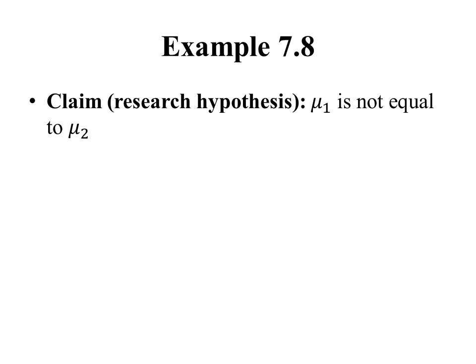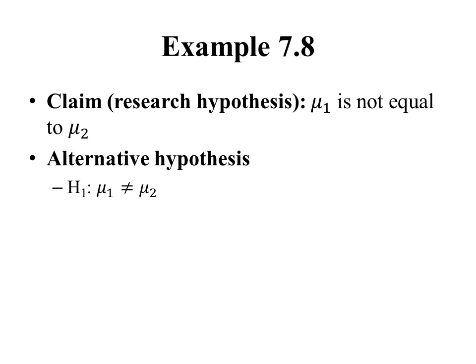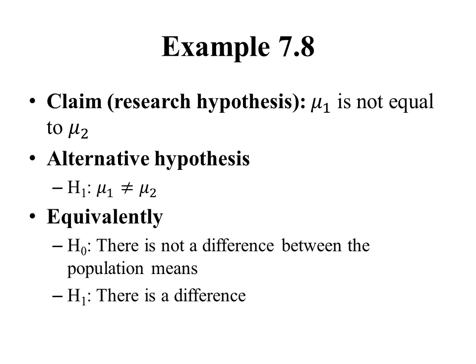Now to get our alternative hypothesis, we'll go back and look at the claim. The claim is that mu1 is not equal to mu2. And so in mathematical notation, the alternative hypothesis is the statement that mu1 is not equal to mu2. So we're going to have a two-tailed test.